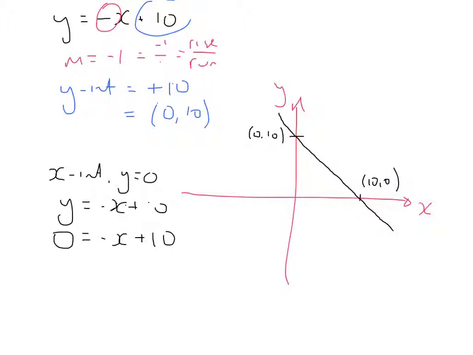Take away 10 from both sides, so we have negative 10 equals negative x. Multiply both sides by negative 1, gives us 10 is equal to x. And that's the coordinate that we had over there. So that's the graph.